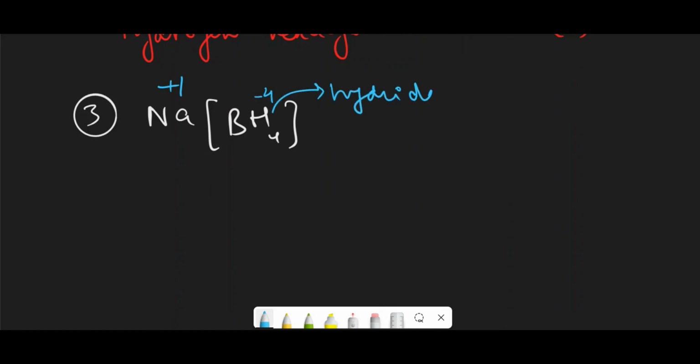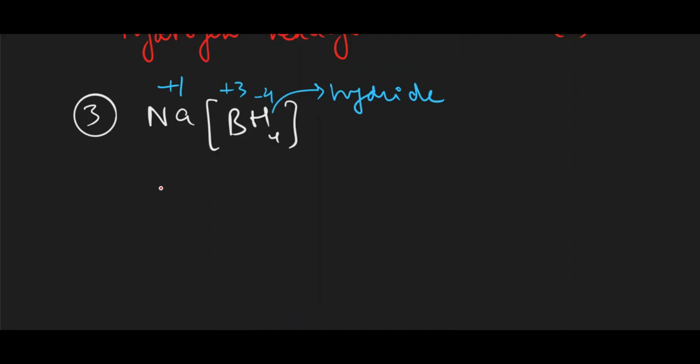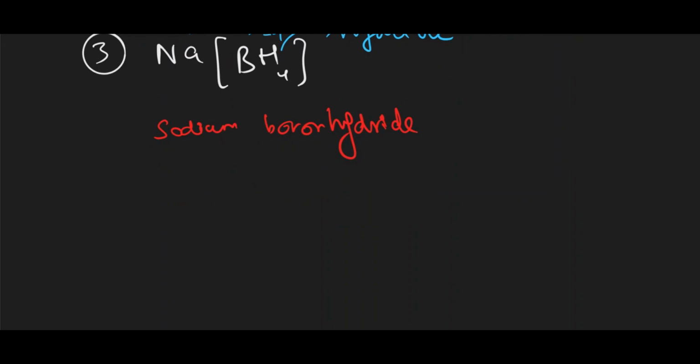So overall, boron shows +3. Overall it becomes neutral. So we have to name it sodium boron hydride, because it's not a central metal atom, so we cannot say it's a complex.